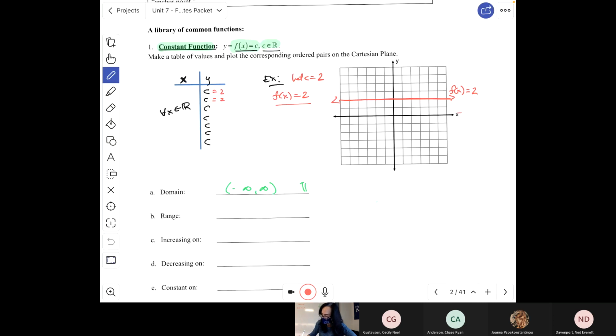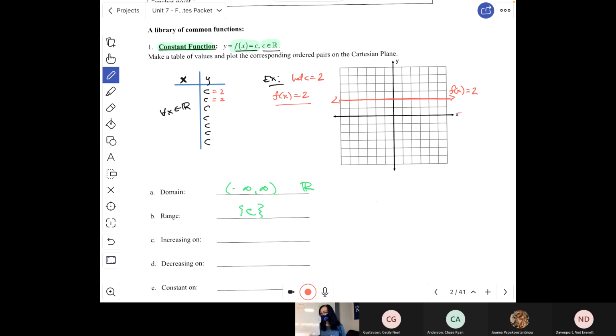Yes, or known as the set of real numbers. What is the range of the constant function? The range is just 2. Oh, sorry, c. Yes, we want to do it in general. Right? In this case, 2.